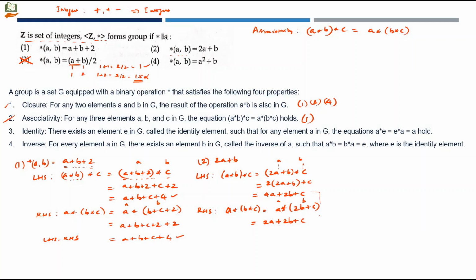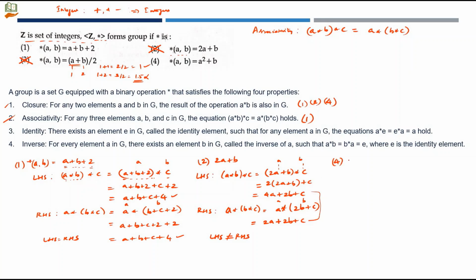Compare LHS and RHS. LHS is not equal to RHS, which says the second expression is not going to hold the associative property, which says that option 2 is also out of the race now.